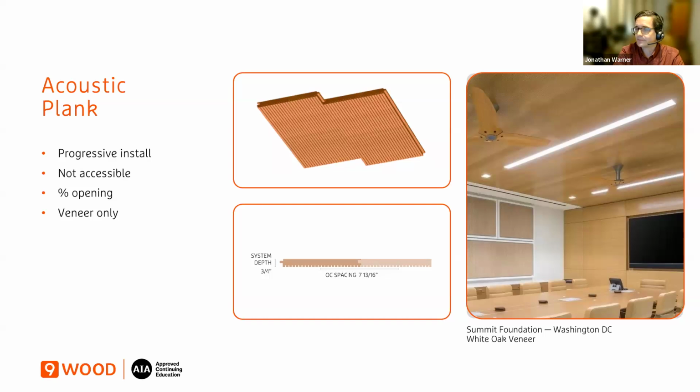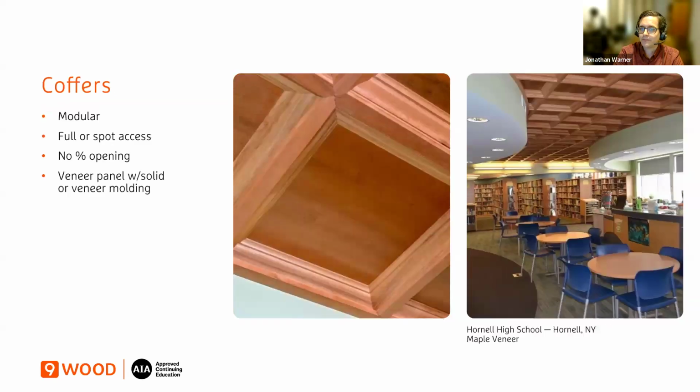The percent opening has good sound absorption, and it's veneer only. It doesn't have solid, but there are standard species a manufacturer will have available, and you can always do custom color matching to get a lot of different looks in the ceiling. For anything within the 4x8 sheet, just remember that yield does impact budget. So the 4-foot by 1-inch is going to cost quite a bit more than a 3-foot by 15-inch panel.